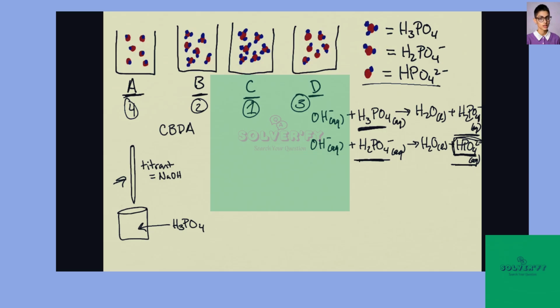In the second scene, scene B, we are in the middle of this top reaction where we have some H3PO4 and some H2PO4-. Since these are a conjugate pair, we can find the pH of the system using the Henderson-Hasselbalch equation.